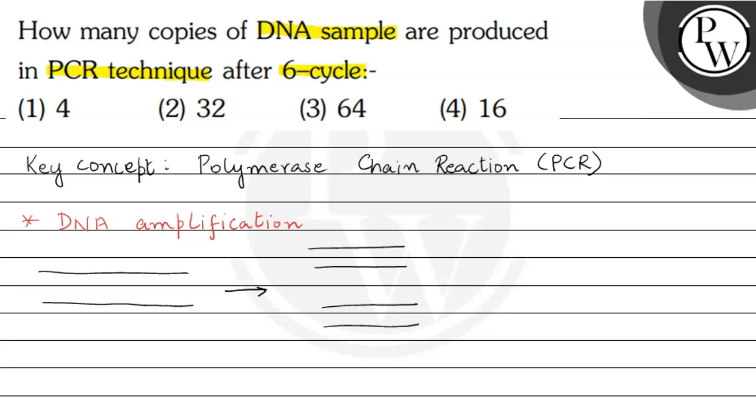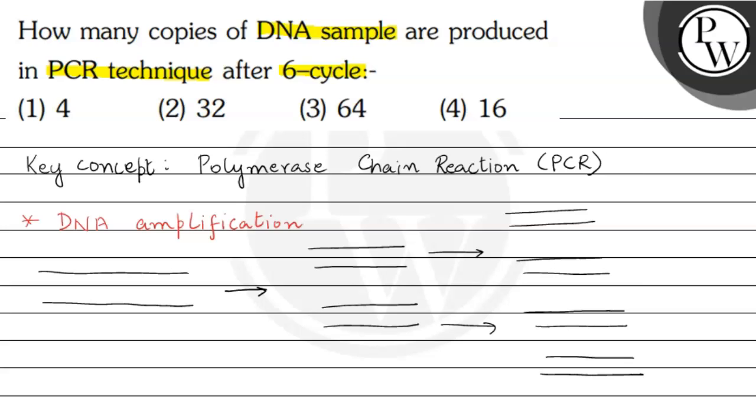So, since both the DNA strands act like template, we get the formation of two new DNA strands. Then from this DNA strand, we'll get another two DNA samples, and from this DNA sample, we'll get two more DNA samples.